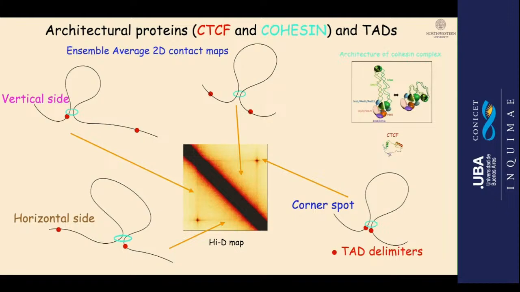In each schematic, CTCF binding sites are shown as red spots, and cohesin complexes as green and blue rings.